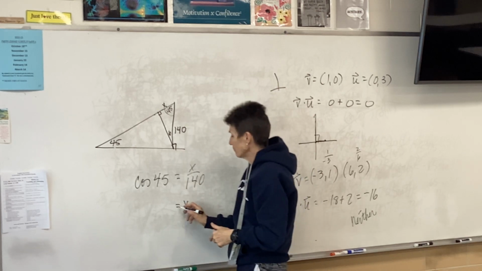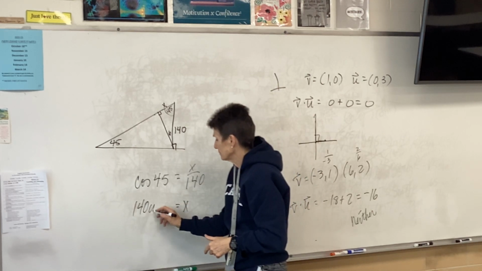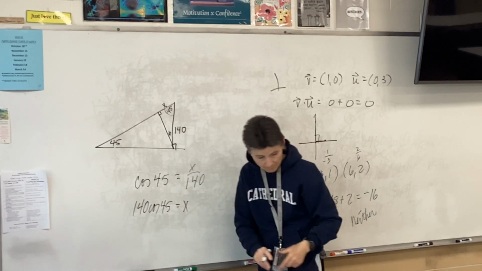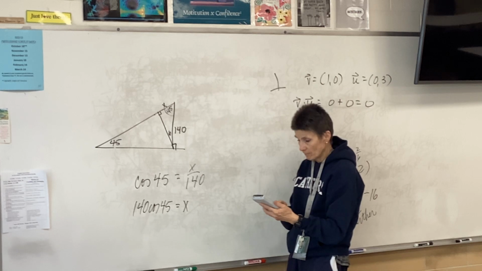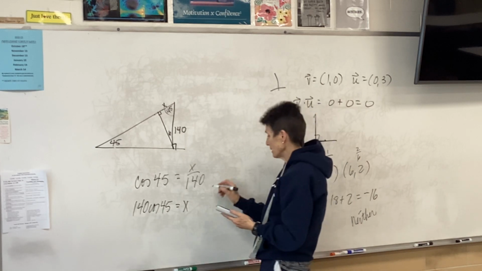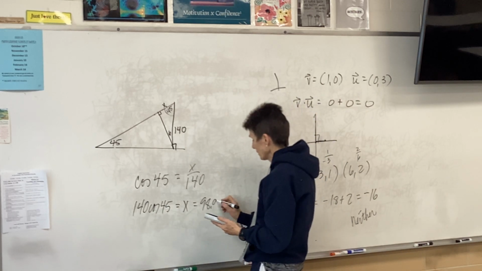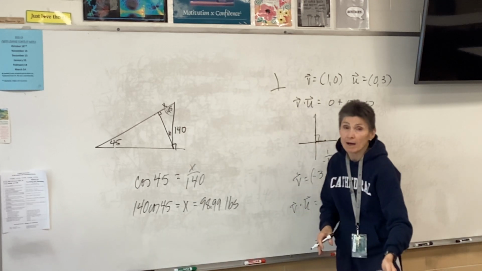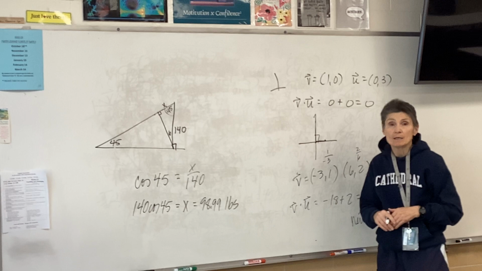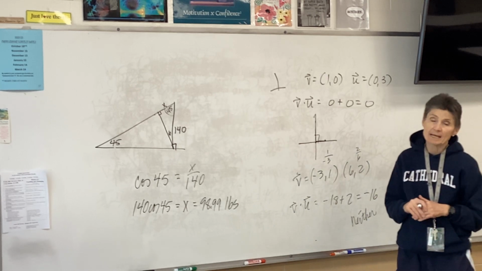And so x is 140 cosine 45. So 140 cosine 45, 98.99 pounds. So she has to pull with a force of about 99 pounds to keep him from sliding down.